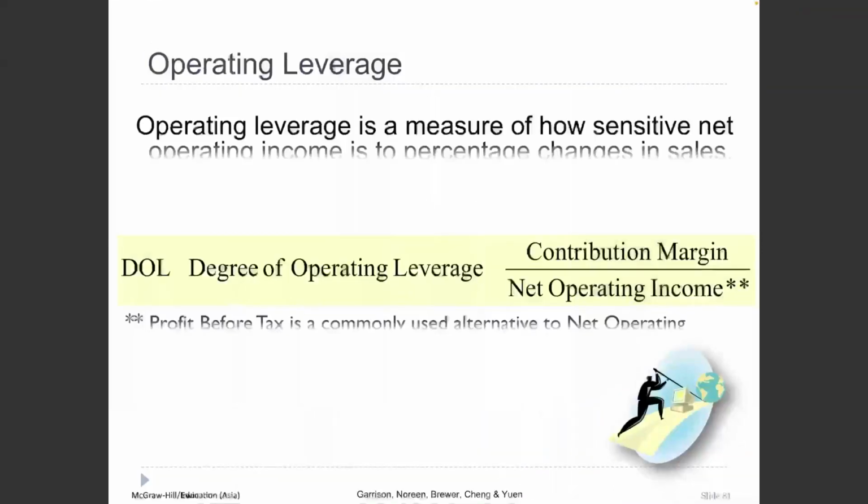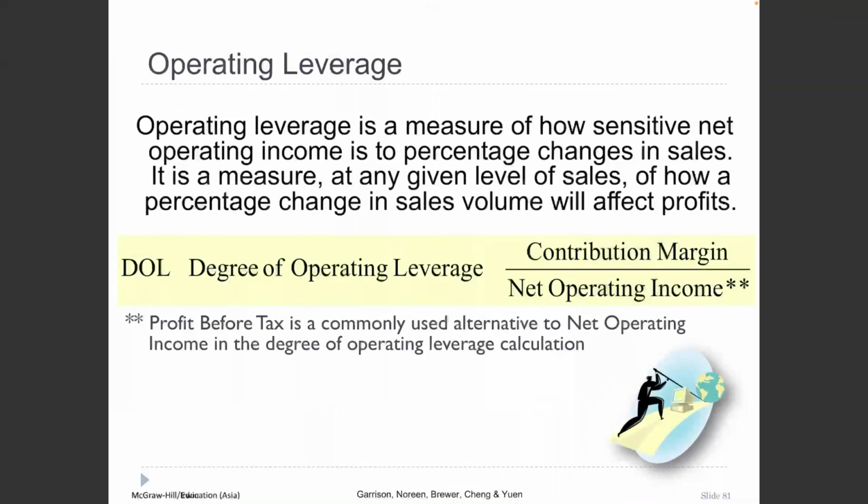So what does it mean by operating leverage? Operating leverage is a measure of how sensitive income is when the sales change. If your sales change, how sensitive your income will react to the changes in the sales.